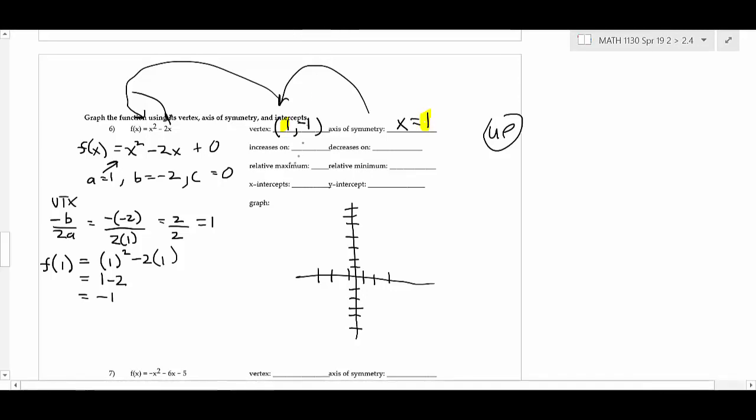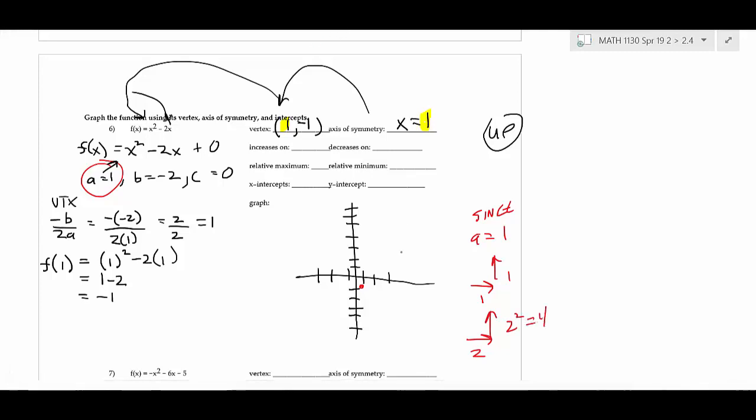All right, so let's see. We're going to plot the vertex. The vertex is over 1, down 1. Now in this problem, a is 1. So that means you're going to go over 1, up 1, over 2, up 4, and so forth. Since a is 1, you just go over 1, up 1, and over 2, up 2 squared, or 4, and that's good enough.